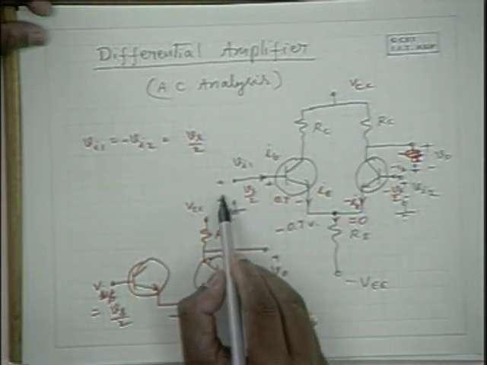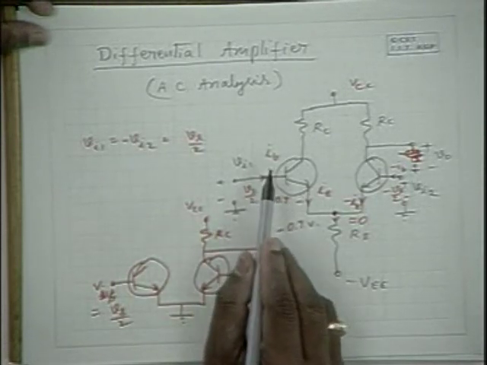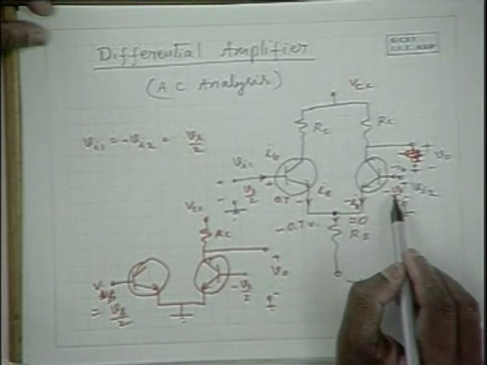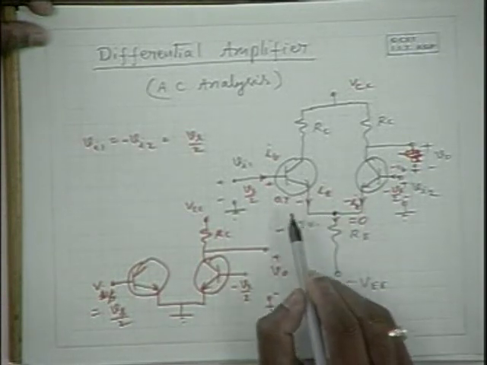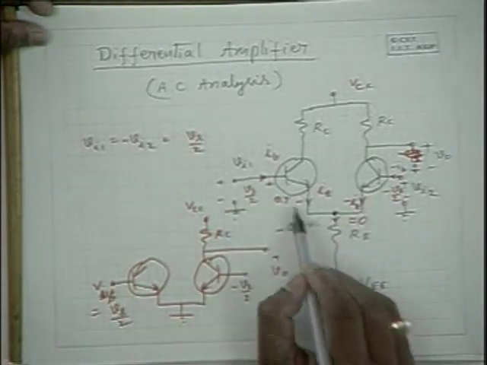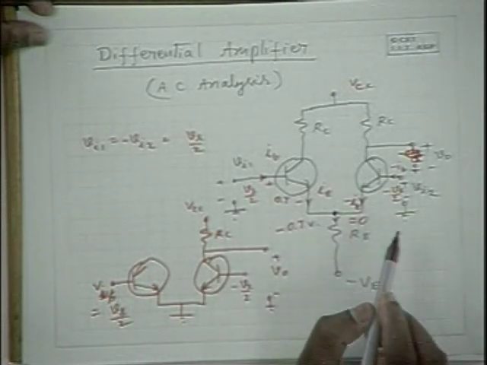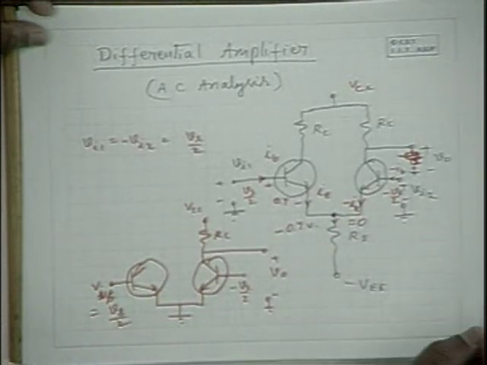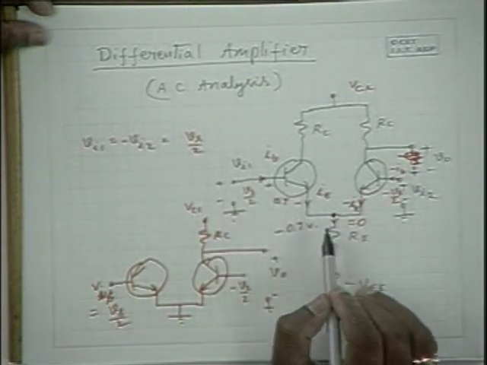With some delta added here, it would be 0.7 plus delta here, and it would be 0.7 minus delta here, because it's minus delta here. Hence, this terminal voltage remains at minus 0.7 itself, and this is because of this delta. So the base to emitter potential is 0.7 plus delta, and this is 0.7 minus delta. So it is valid. So this voltage remains constant, but still there is a differential base to emitter potential.